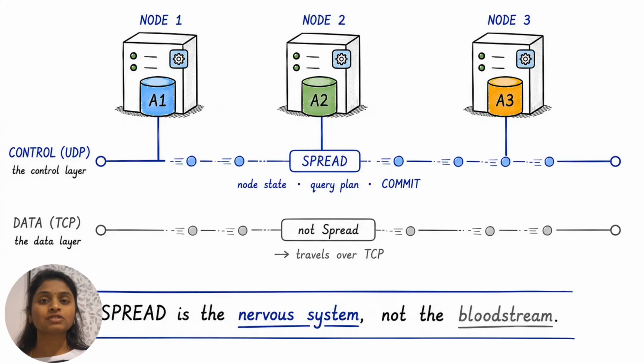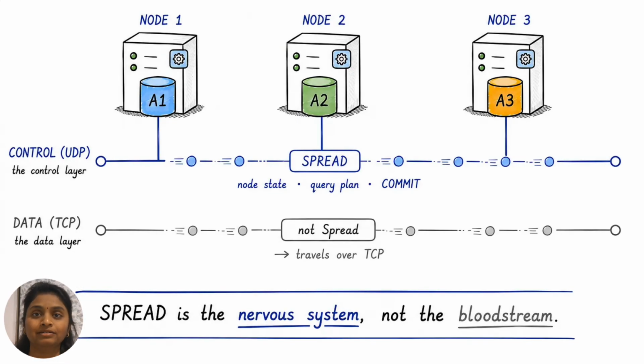And what flows here is small essential signals, as mentioned earlier. Node state: who is up, who is down, who just joined, who just left, and so on. Query plans, coordinating which node does which part of the work. Commit messages, agreeing that a transaction is finished. This is the coordination bus that makes these three machines behave like one database.